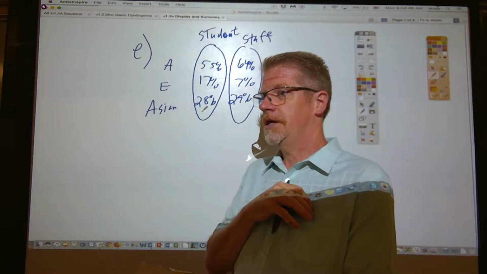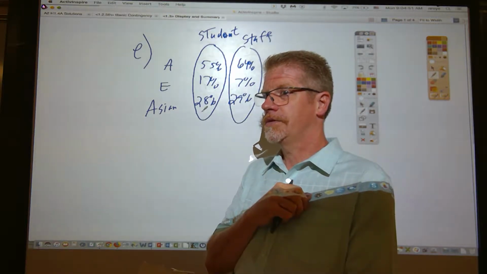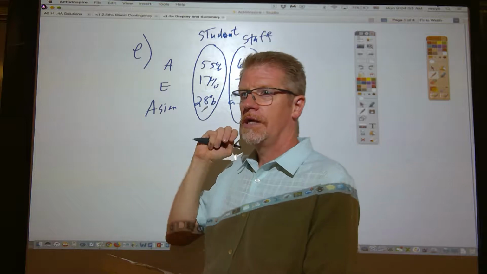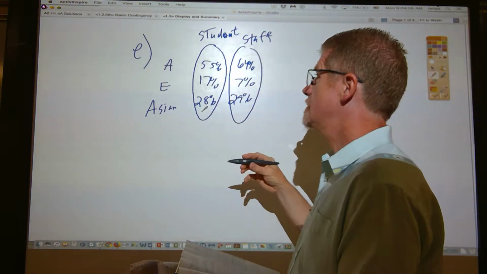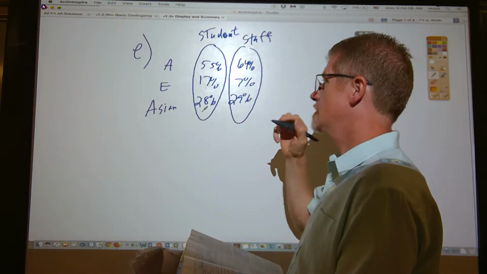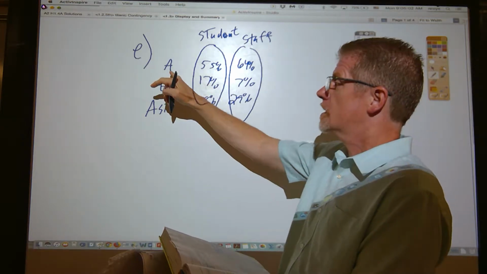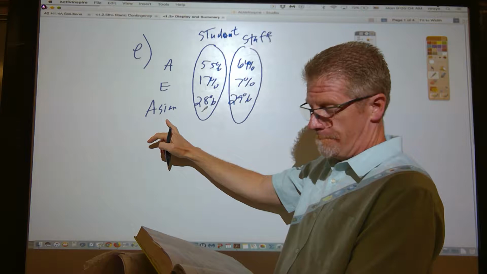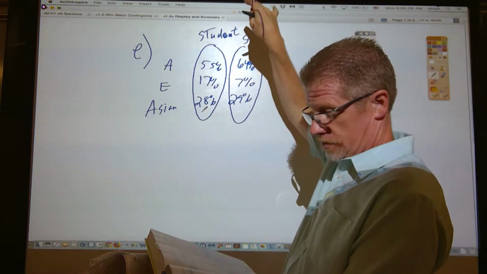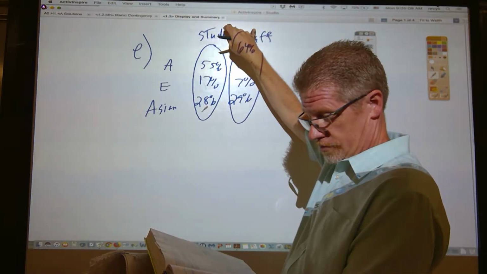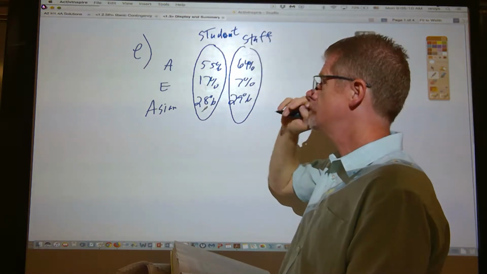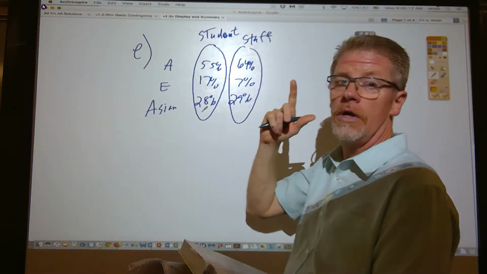So this is by the driver, right? Yeah, this one is the distribution of conditional relative frequencies of country of origin by driver classification. So, okay.